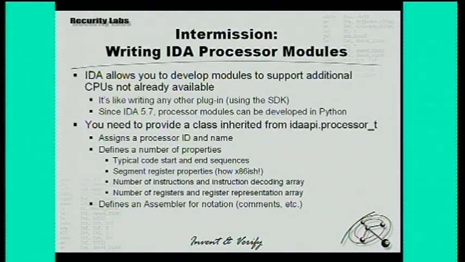IDA actually allows you to write in Python nowadays, even CPU modules. Essentially what you have to do is inherit a class, IDAPI processor_t, and give it a processor ID. No, there's no automatic way to find out whether this processor ID is already taken.